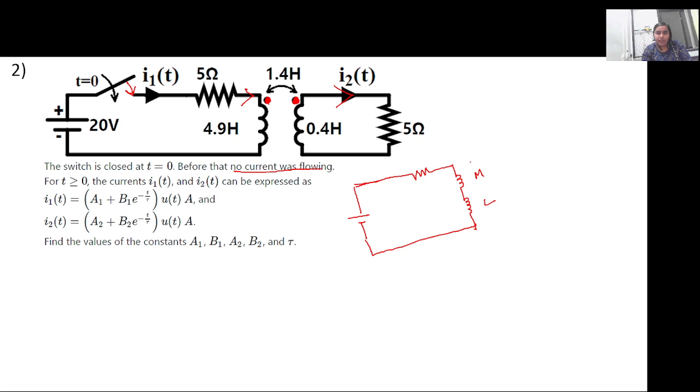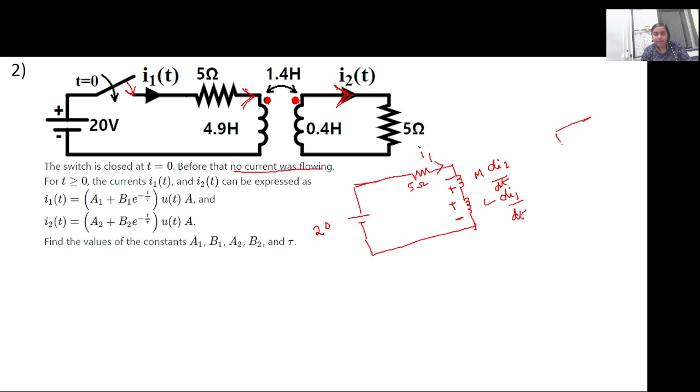Since the current is flowing like this, the self inductance voltage drop will be L di1 by dt, where this is I1, 20 volt, 5 ohm. Since the dot connections are opposite, in this case the current is flowing out of the dot and in the other the current is flowing into the dot, so the mutual inductance will oppose this. So it will have the reverse sign of L di2 by dt.